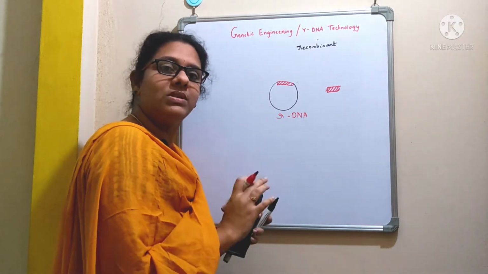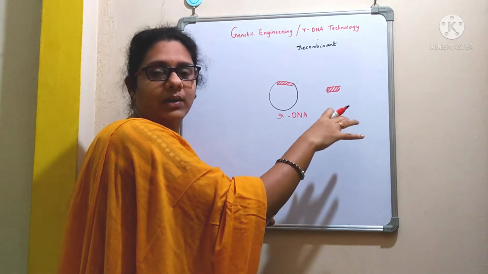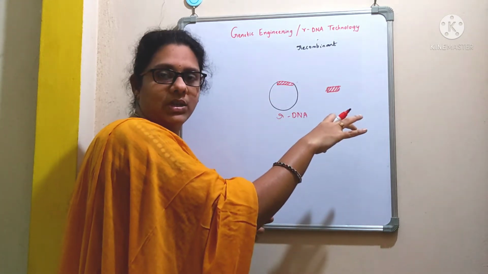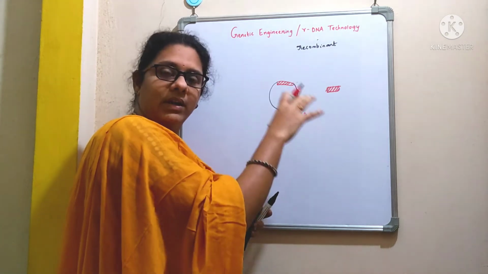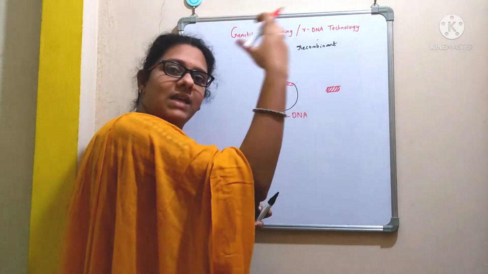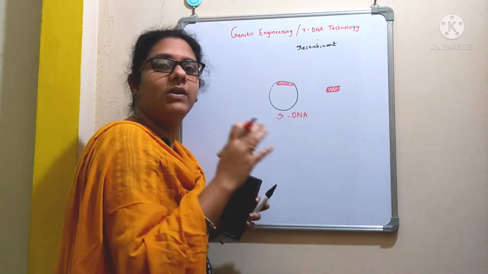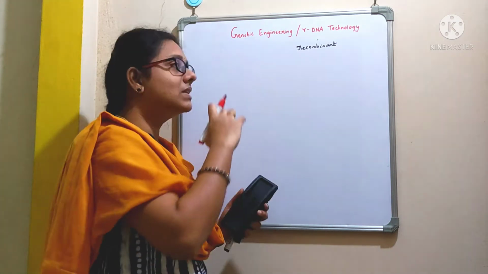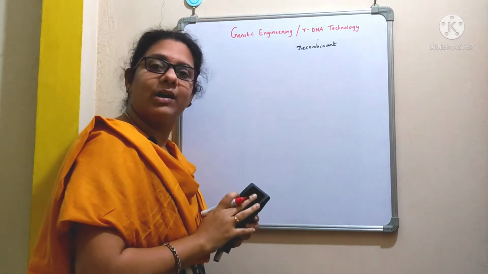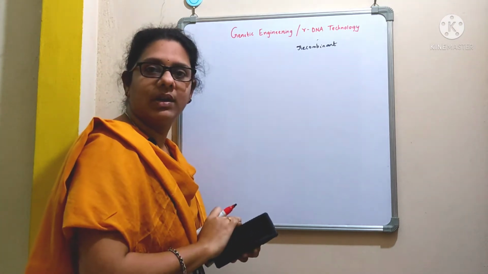First we need to choose the gene of our interest, and then we proceed with cloning to make multiple copies of that gene. Once we introduce it into a host organism, that transformed cell is then introduced into a fermenter. At the end of the fermentation, we get the product. This is how we create a recombinant DNA molecule with the help of genetic engineering.